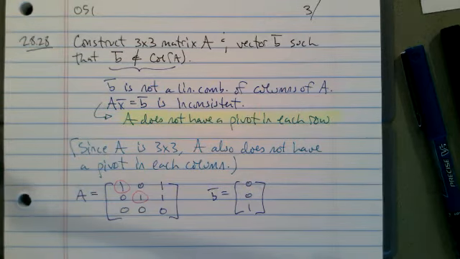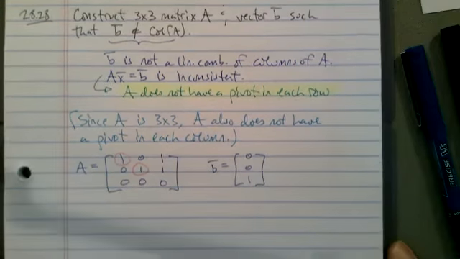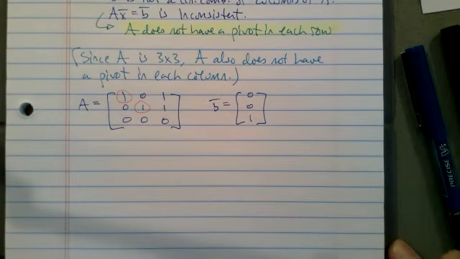In problem 14, find a non-zero vector in the null space of A and a non-zero vector in the column space of A. So we have this matrix A, it's this 3 by 4 matrix, as in 11.